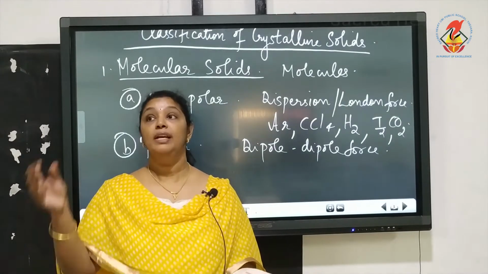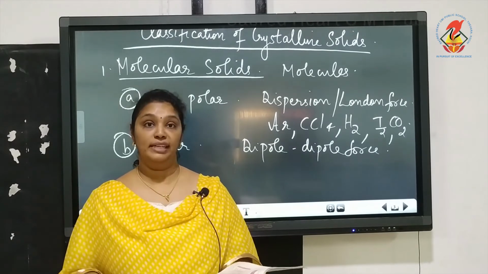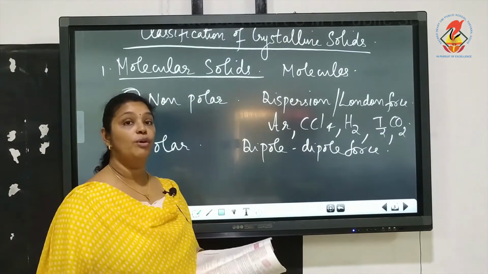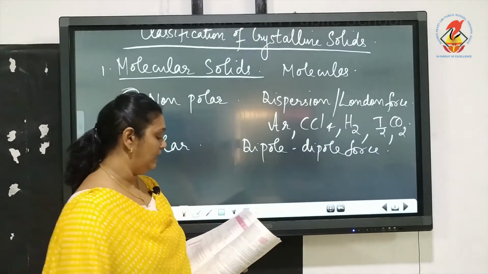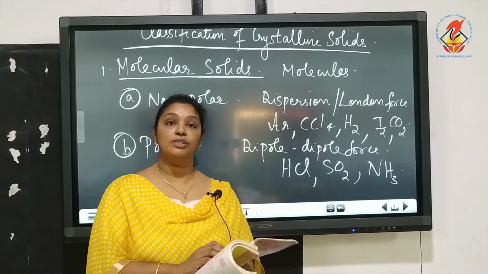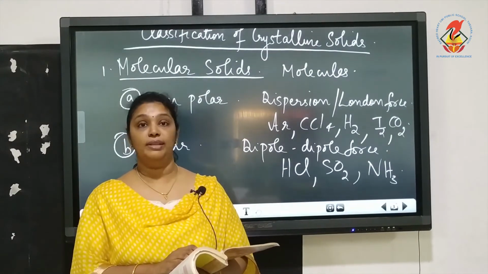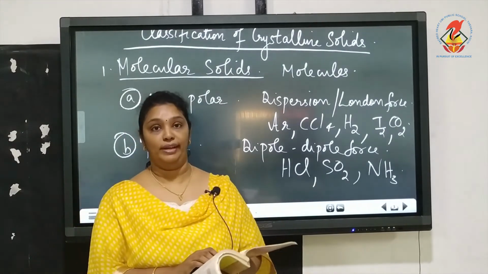For example, between 2 hydrogen fluoride molecules, we have dipole-dipole interaction. Examples for polar molecular solids are HCl, sulfur dioxide, and one more example is ammonia. Now, polar molecular solids are also soft and they are insulators, and they also have a very low melting point.